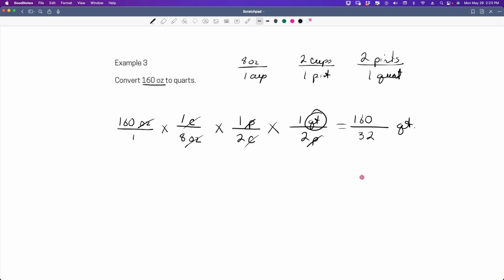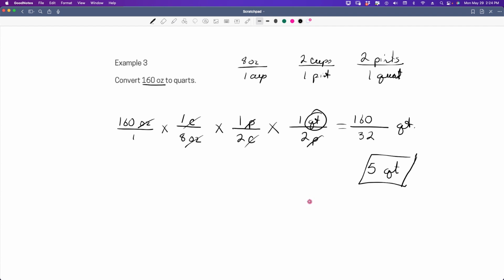And when I do the math, I find that that is 5 quarts. So 160 ounces is the same as 5 quarts. And actually, I shouldn't have an S on there. That should just be QT. 5 QT. All right, that is all that we have for lesson 2.1.